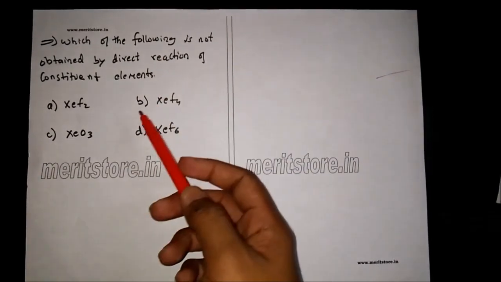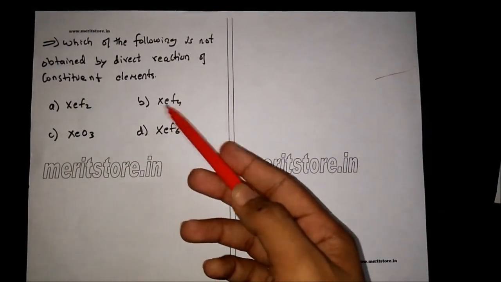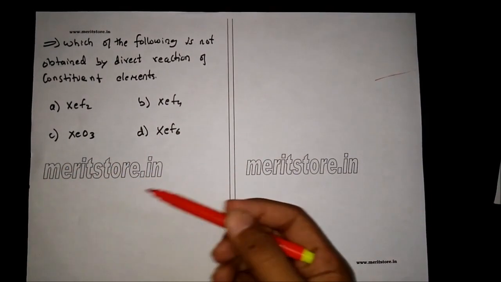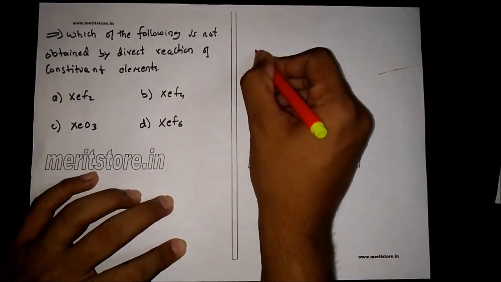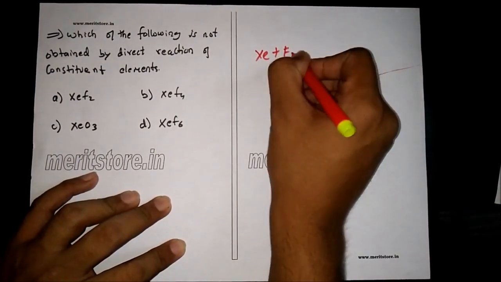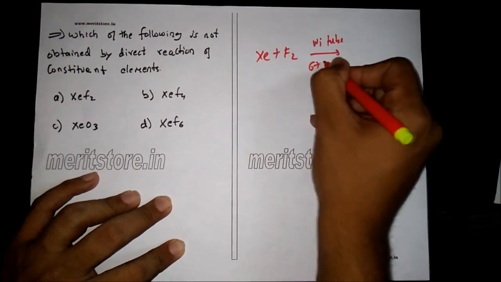The following is not obtained by direct reaction of constituent elements: A. XeF2, B. XeF4, C. XeO3, and D. XeF6. Now, XeF2 is prepared by Xe and fluorine in the presence of a Ni tube at 673 Kelvin.